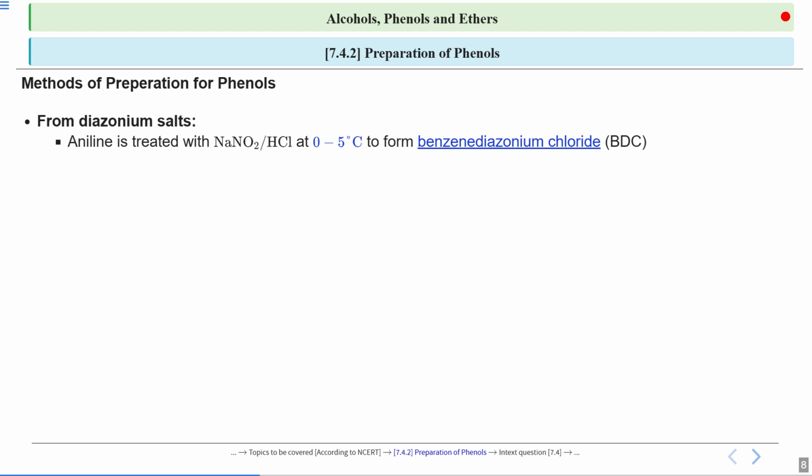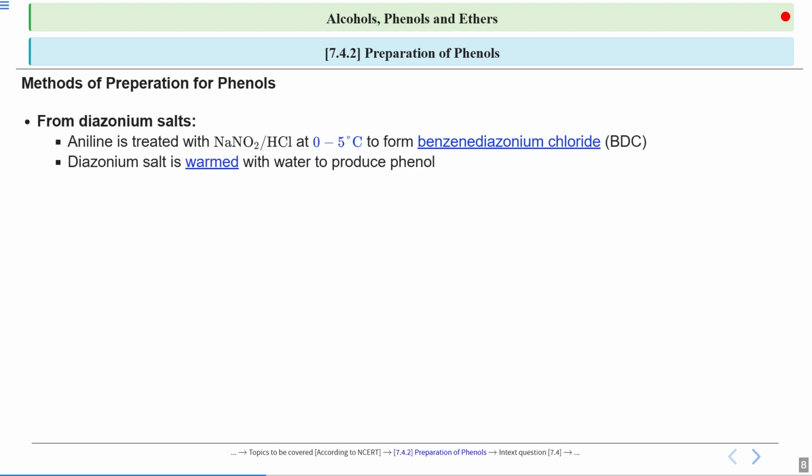You can also call it BDC. So we take the aniline and react it with NaNO2 in presence of HCl at 0 to 5 degrees Celsius, and it will give us benzene diazonium chloride.